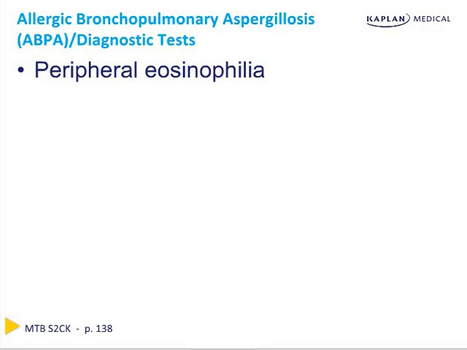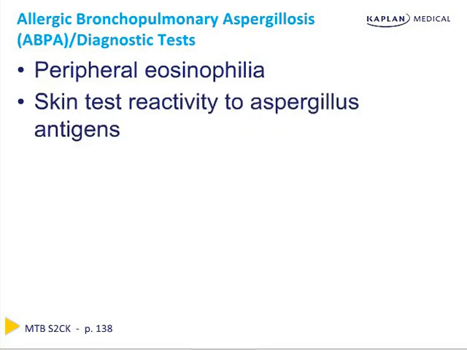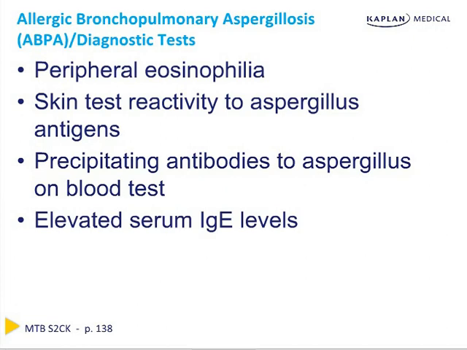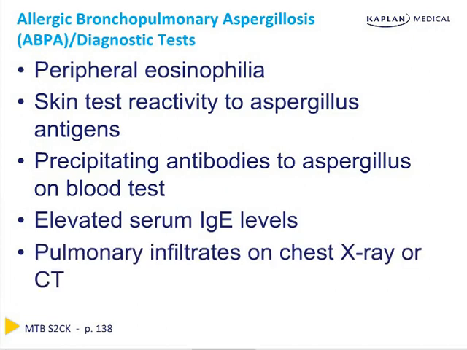Supportive diagnostic tests also include the evidence of peripheral eosinophilia on a CBC, skin test with reactivity to the Aspergillus antigen, precipitating antibodies against the Aspergillus antigen on a blood test, elevated serum IgE levels, and a pulmonary infiltrate seen on either the chest X-ray or the chest CT.